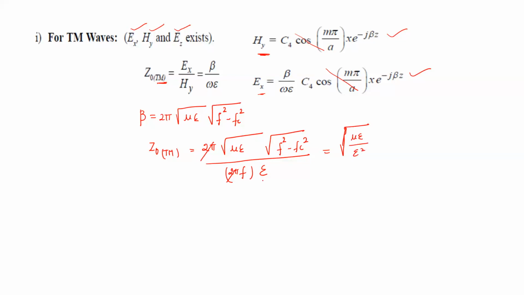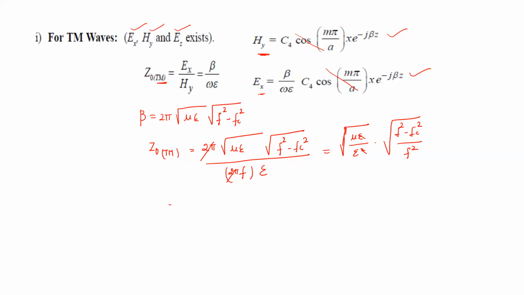by epsilon square. We are taking this epsilon inside the square root into f square minus fc square divided by, if this f, we bring this f inside the square root, we'll get root of f square. So this expression can be written like this, in which we can cancel this epsilon.